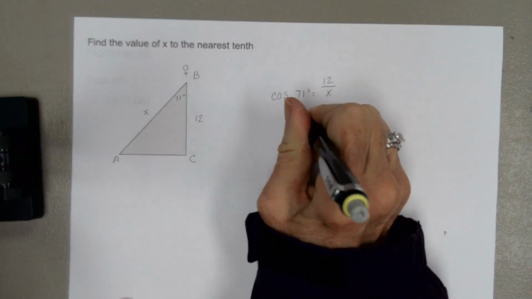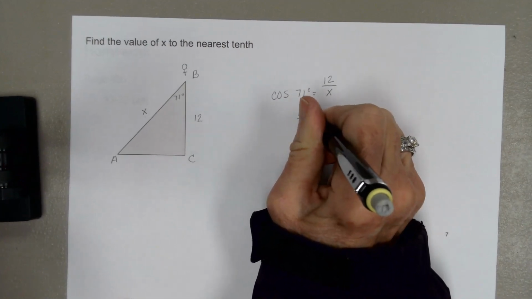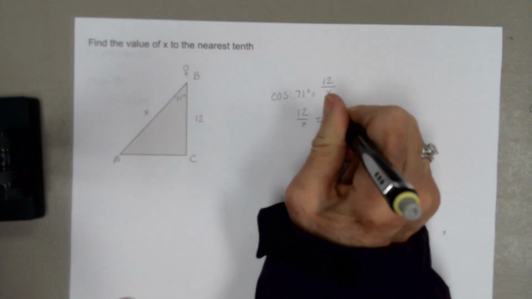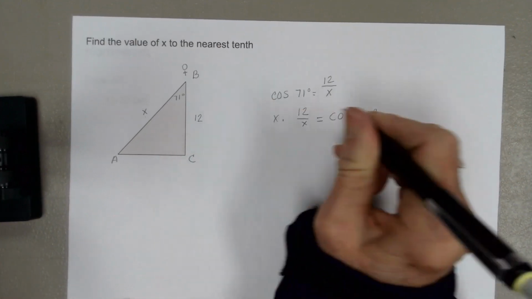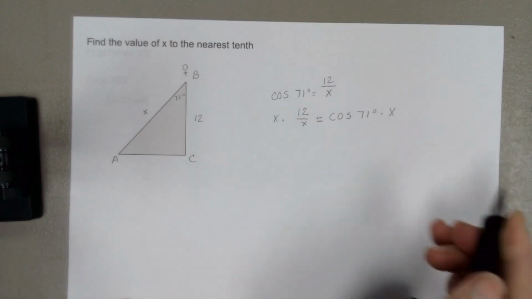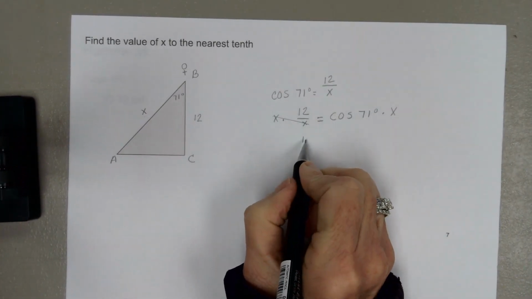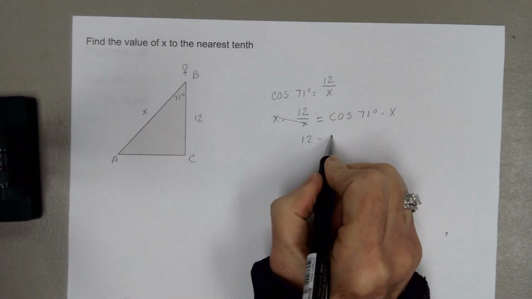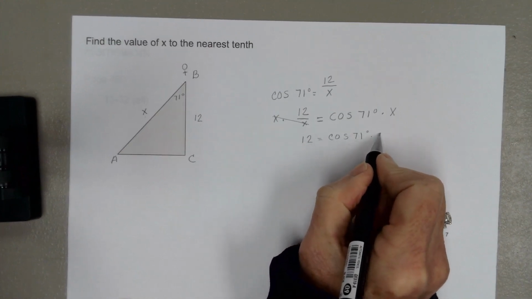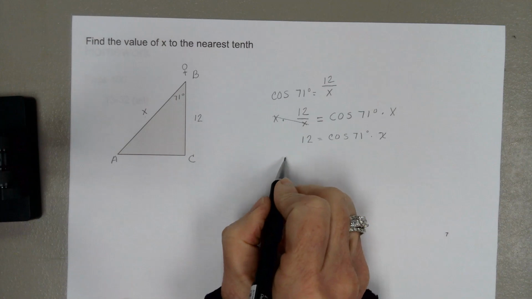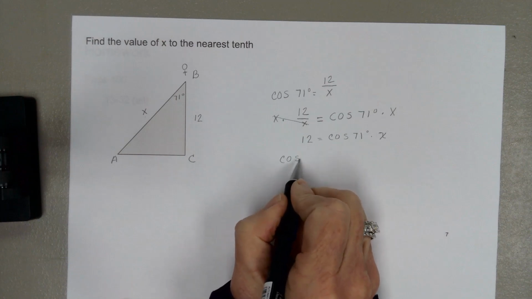I will switch sides here, but the first thing that I have to do is multiply to get the x off the bottom. So I'm going to multiply both sides by x, and I'm going to get 12 equals the cosine of 71 degrees times x.